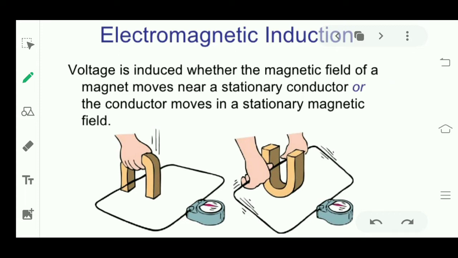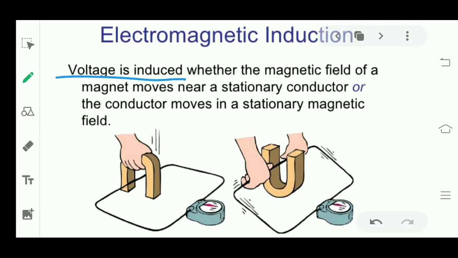Or the conductor moves in a stationary magnet. In the second case, I kept the magnet stationary and the coil is moving around it, as we have seen in the animated part. Then what will happen? A voltage is induced.